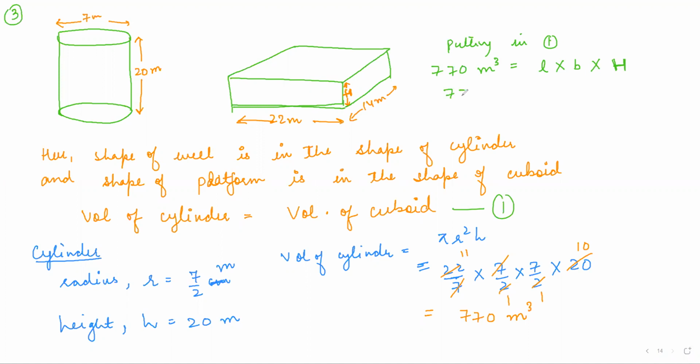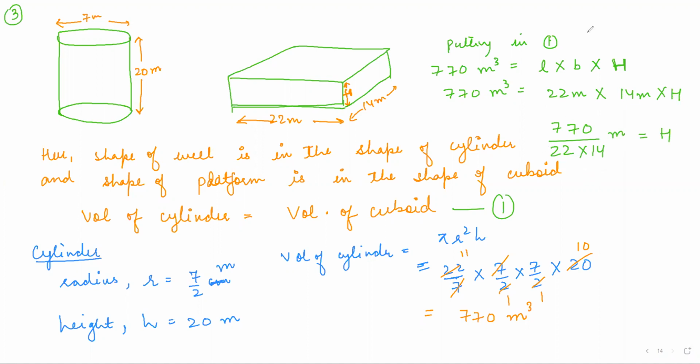So 770 meter cube is equal to length 22 meter, breadth 14 meter into h. So 1 meter will remain, 2 meter will get cancelled out. So 770 divided by 22 into 14 meter is equal to h, right?